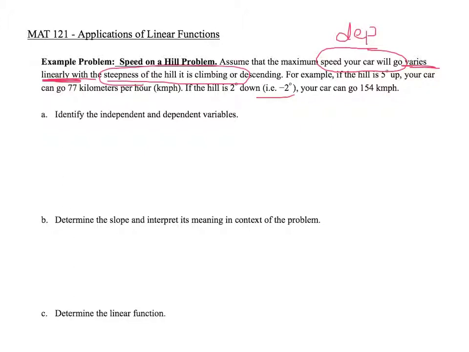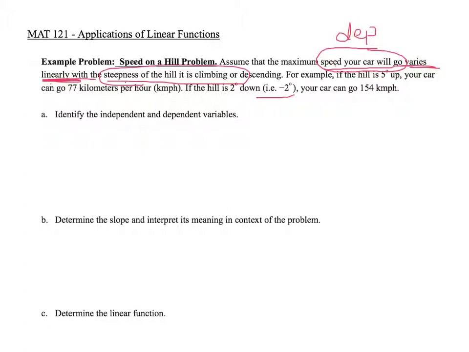But it's not always written so nicely for us. It might also say "speed depends on steepness," and then that same thing is true. Whatever comes before the word "depends on" is your dependent variable, and whatever comes after it is your independent variable. But again, it's not always given to you in such a nice way.